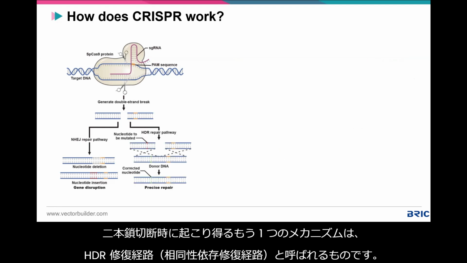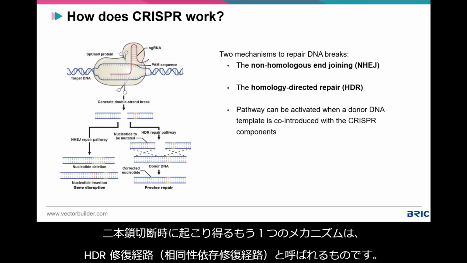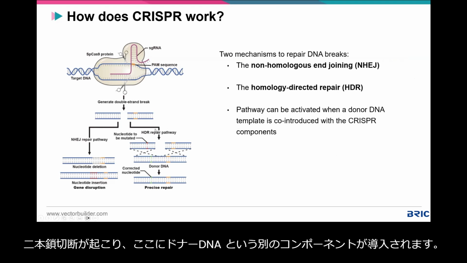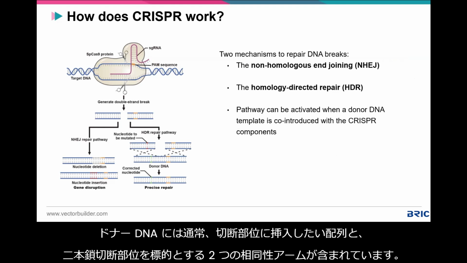The other mechanism that can happen at the double-stranded break is called the HDR repair pathway, or homology-dependent repair pathway. So how this works is that there is a double-stranded break, and we introduce another component here, which is a donor DNA. So the donor DNA typically contains the insertion site, what we want to be present at the break site, along with two homology arms targeting the site of where the double-stranded break happened.